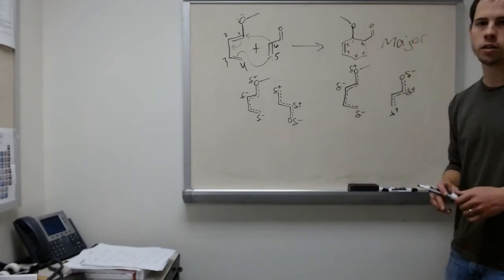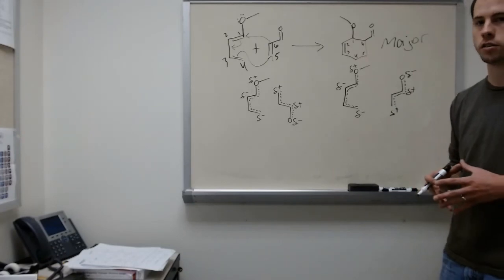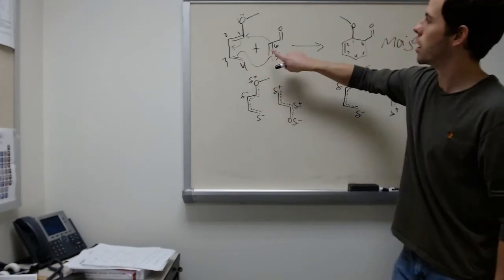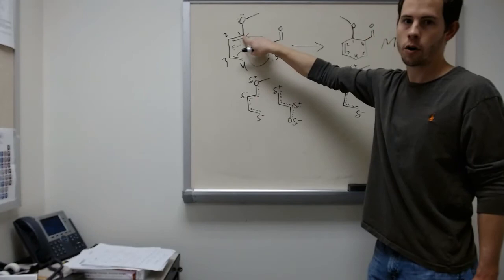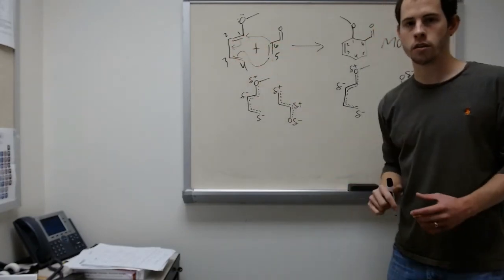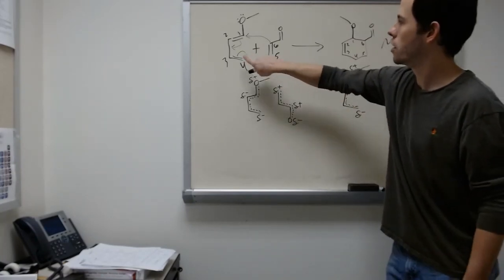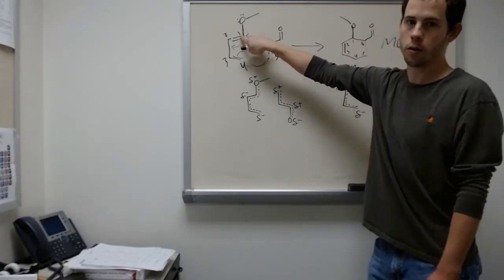And so we want to go via the route that has the most electrostatic interactions. And so whenever we draw the mechanism, we know that this carbon attaches to this carbon, and this carbon attaches to this carbon. These carbons don't attach to the dienophile, they just simply get a double bond in between them. And so we want to look at the charges on this carbon, this carbon, this carbon, and this carbon.